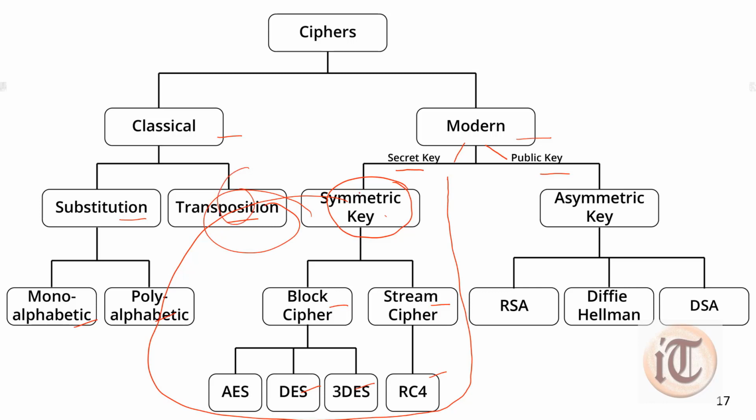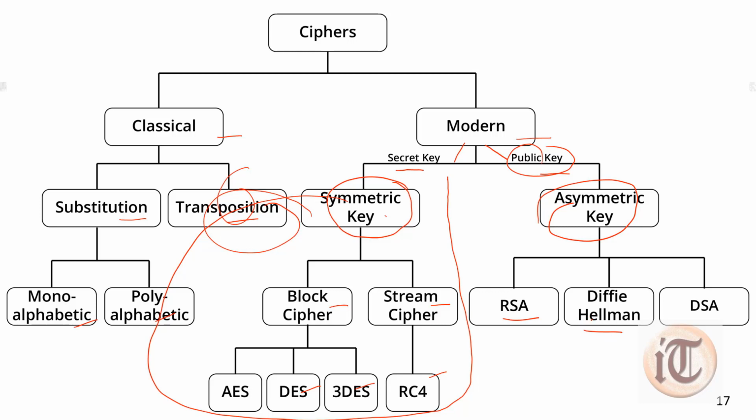Now in the second unit, we will discuss public key encryption, which is called an asymmetric key algorithm. This asymmetric algorithm is implemented by two types of algorithm, one is RSA and another one is Diffie-Hellman.